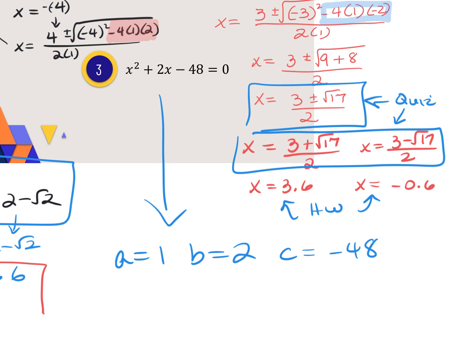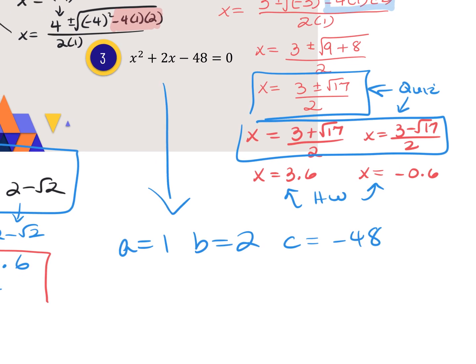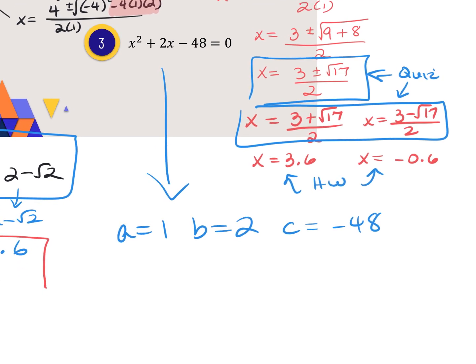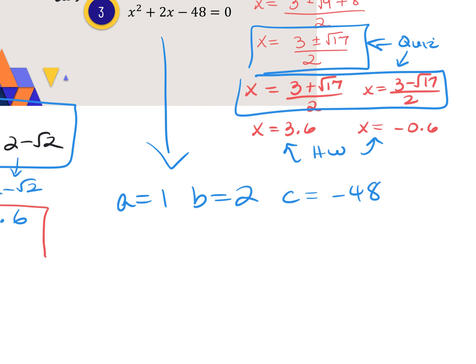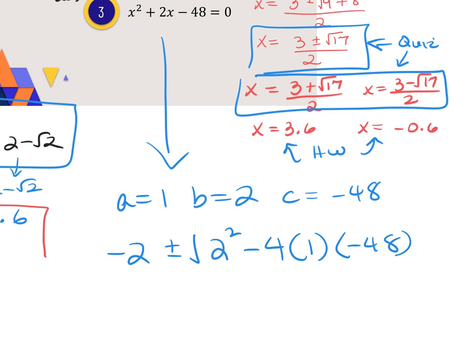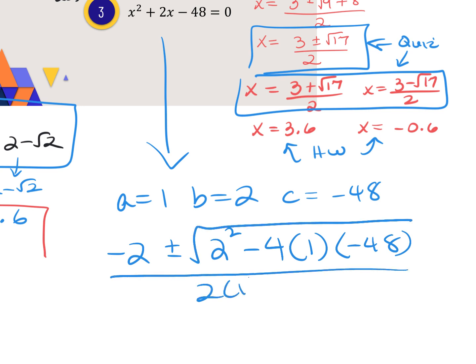So I'm going to go ahead and plug it into the formula. Again, opposite of B, so -2 plus or minus B squared minus 4 times A times C, all under the square root, and then divided by 2 times A.